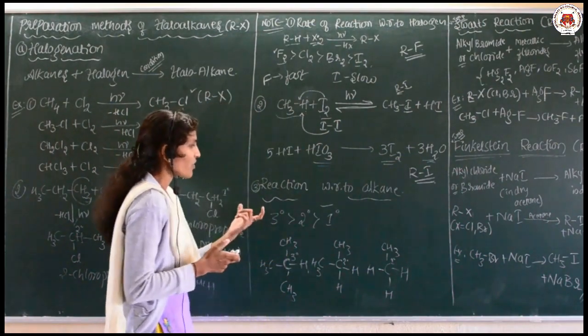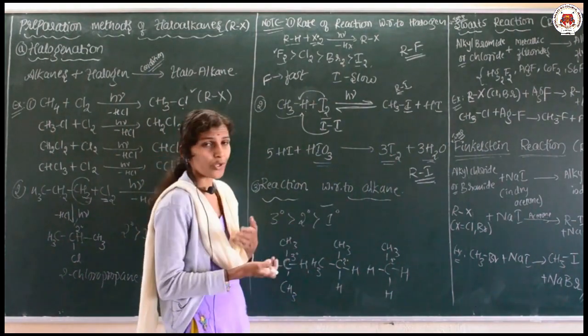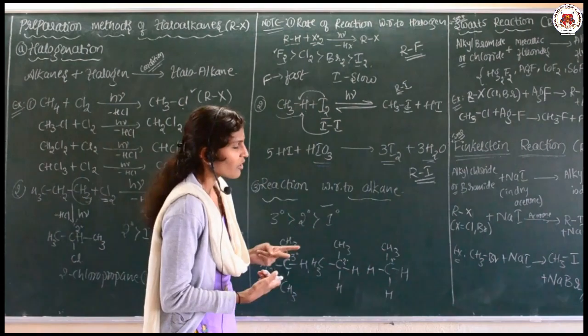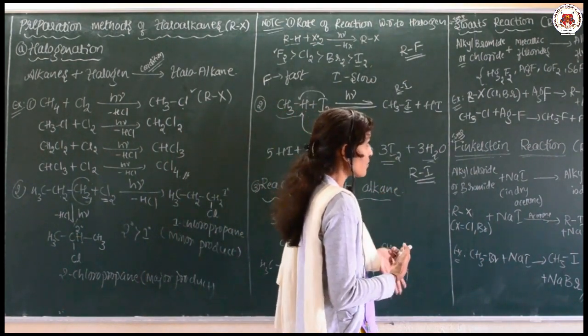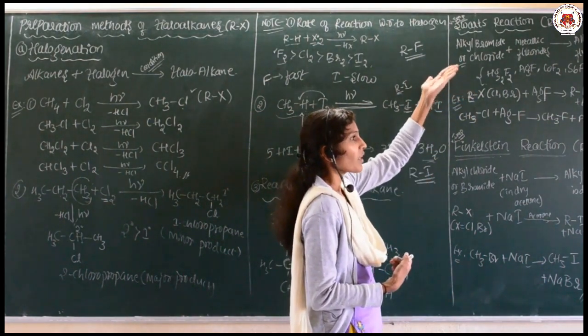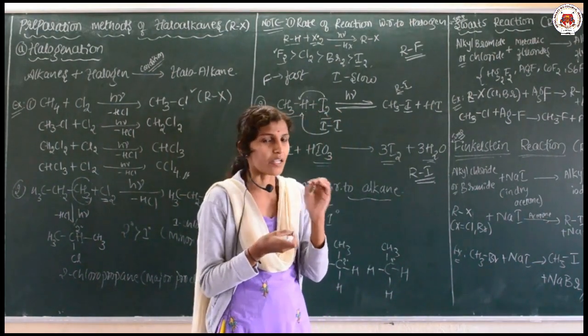Next is reactivity with respect to the alkane. Tertiary is always more reactive than secondary, which is more reactive than primary. Further, two more very important reactions: one is the Swarts reaction, one more is the Finkelstein reaction. In both cases the reactant is either alkyl bromide or alkyl chloride.